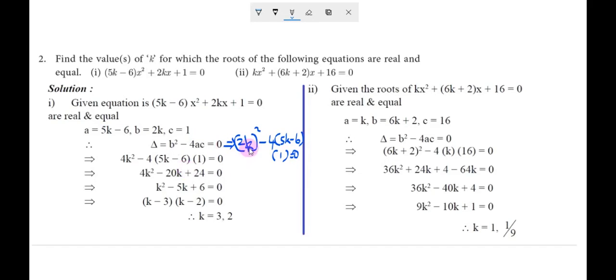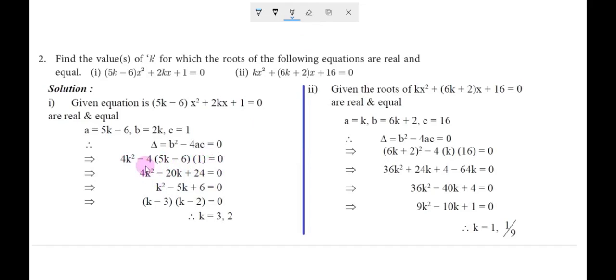Understood? 2k the whole square means apply square for 2 square, it is 4, and k square. So 4k square minus 4 into (5k minus 6) into 1 equal to 0.